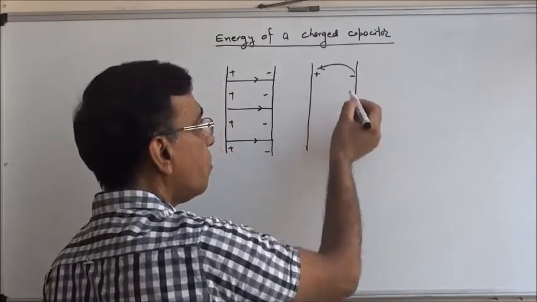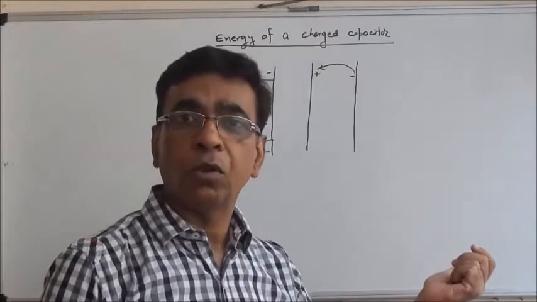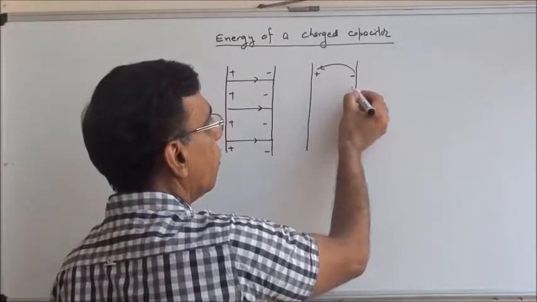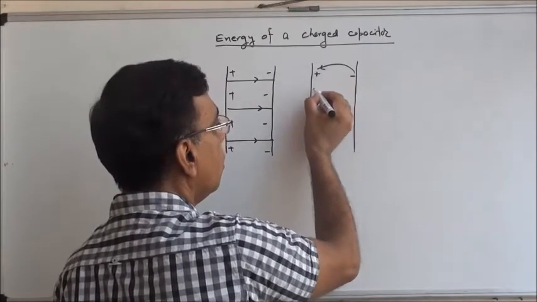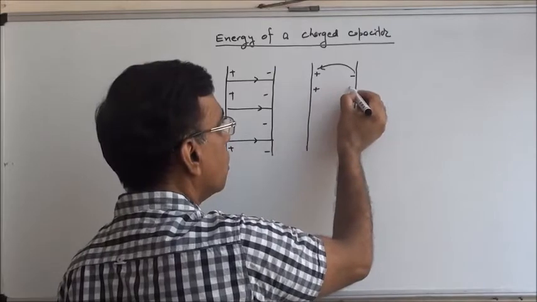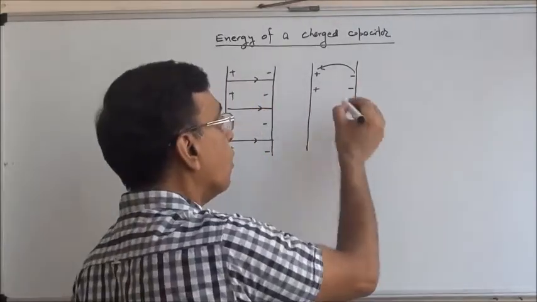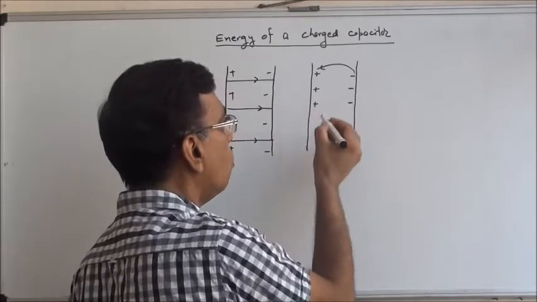Now see, to bring the first positive charge, no work will be required because there is no electric field. But now there is some electric field. So if I bring another positive charge here, I have to do work against this field. So one more positive, one more negative. Now the field is stronger, so more work will be done to bring the third charge and so on.